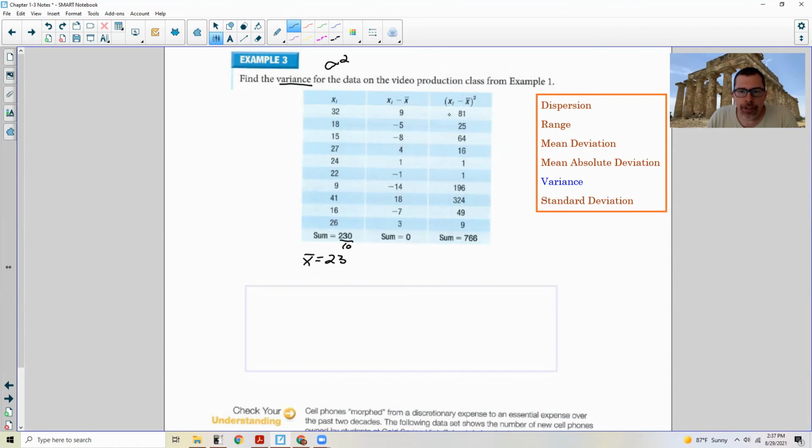You square these numbers: 9 squared is 81, negative 5 squared is 25, negative 8 squared is 64, and so on. You add those all up and you divide by 10. That will give us 76.6. So there is our variance. Okay, it's actually pretty simple once you do a couple of them.